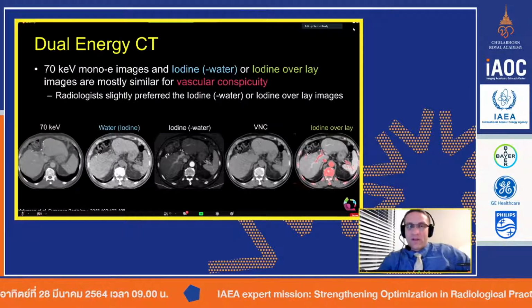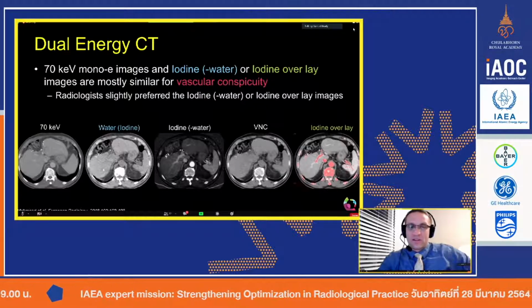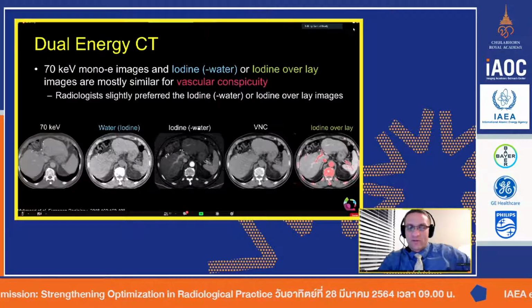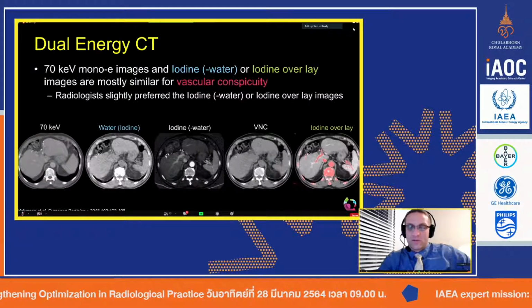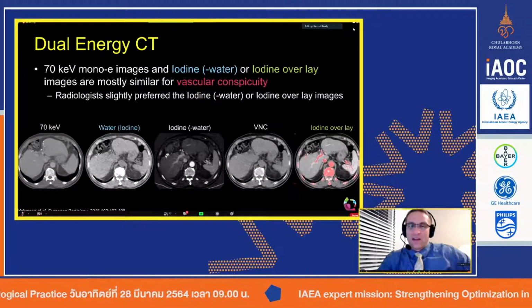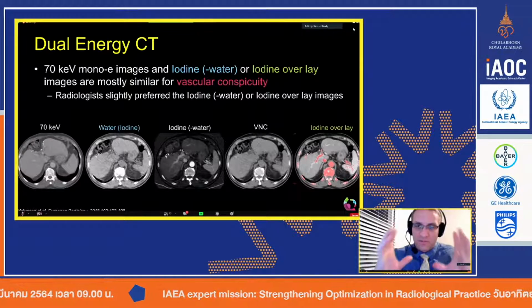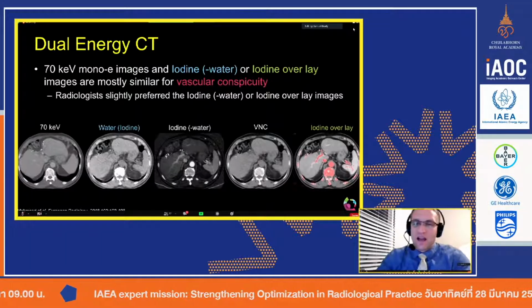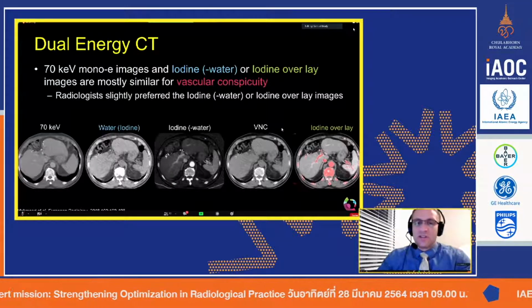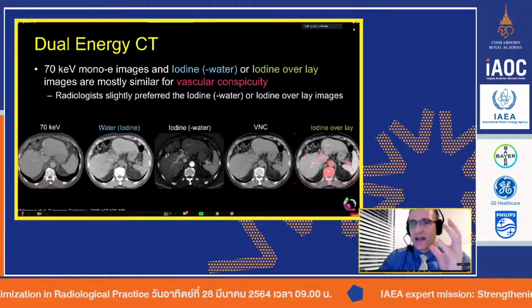Basically, every radiologist said they preferred the iodine images, where you subtract the water information out or you simply do a pseudo coloring over top of the vasculature. And that, in their case, made the vascularity of the image appear more conspicuous and just more intense to the eye. It was more pleasing. So monoenergetic imaging is also very beneficial if you want to make something stand out a little better in the image.